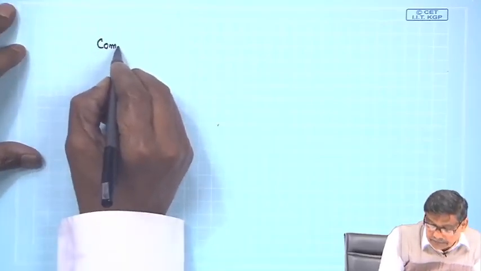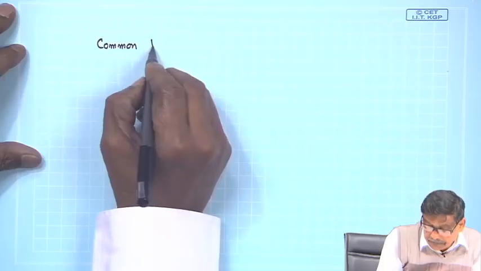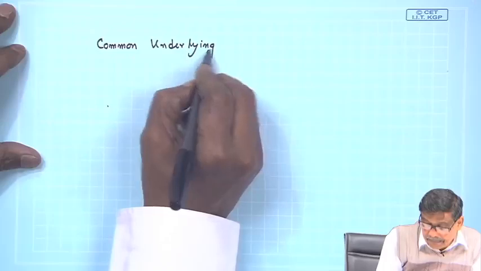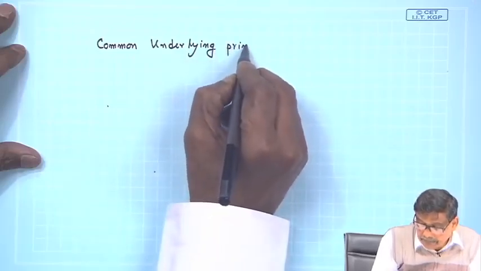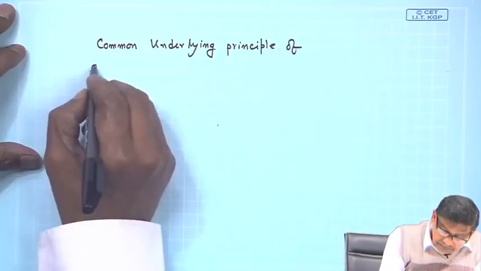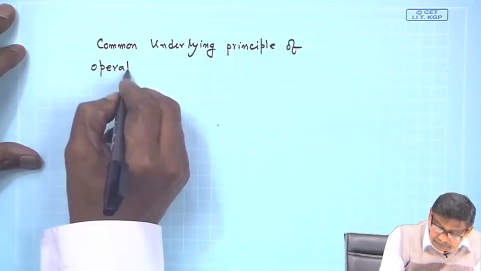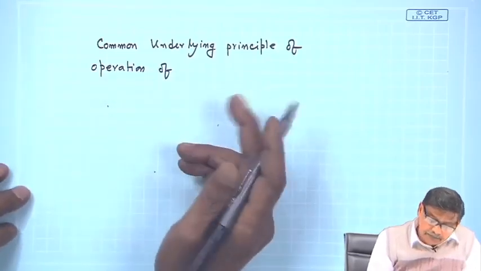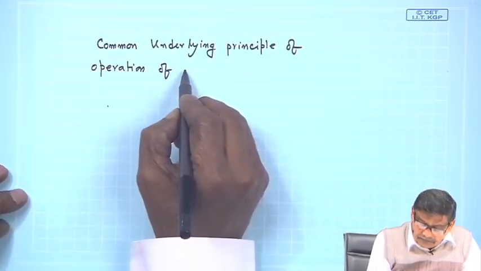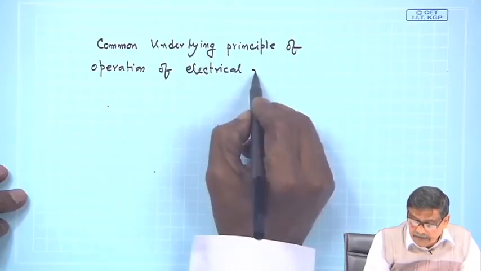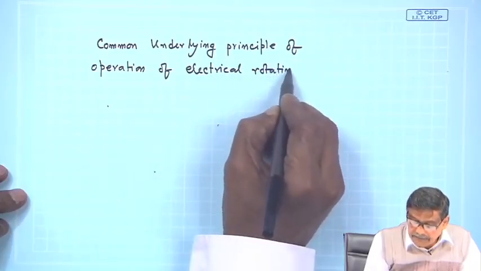Now, we will discuss the common underlying principle of operation of electrical rotating machines.